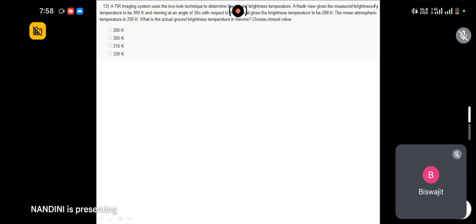So one will be Wallace and Hobbes. What is the book title? Introduction to Atmospheric Science.